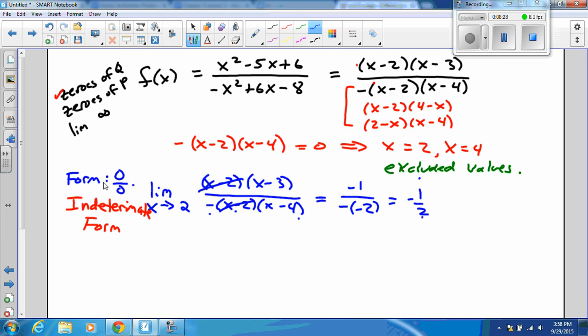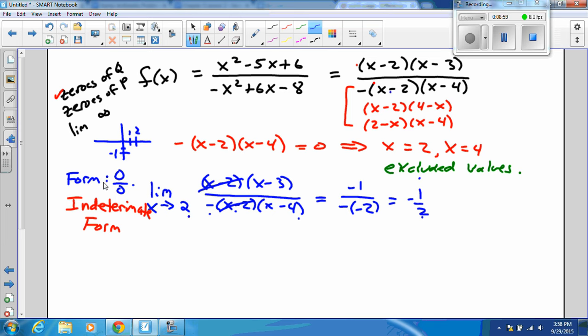Well, how do I interpret the fact that I got negative 1/2 as a value? What this means for my graph, if I can do a quick sketch right here, is that for x's close to 2, my y values are going to be close to negative 1/2. So if this is negative 1 and this is 1 and 2, my y values are going to be very close to negative 1/2. Not at x equals 2.